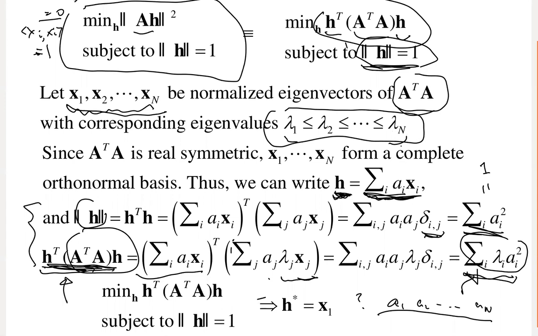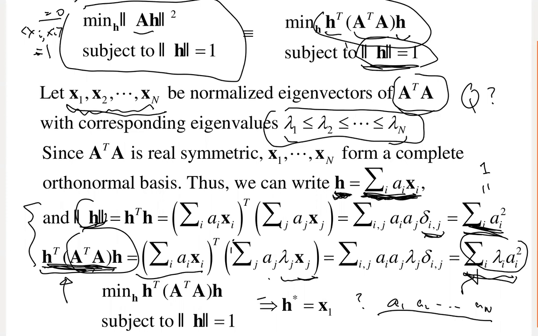There's some algebra here, but the final thing is, if I represent H as a linear combination of the eigenvectors of A transpose A and substitute into the constraint, then I need to force the sum of the squares of ai to equal 1.